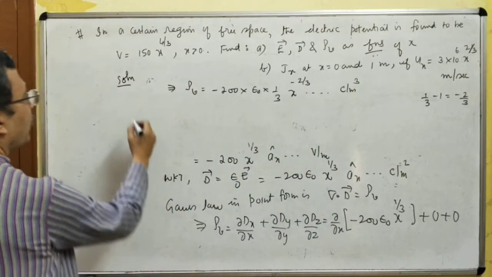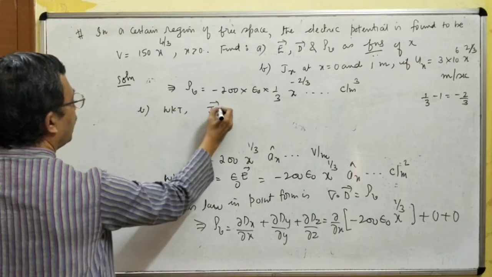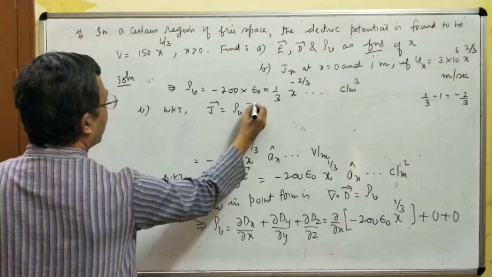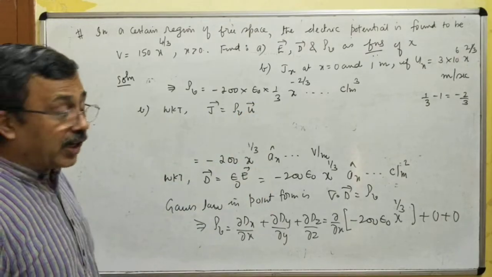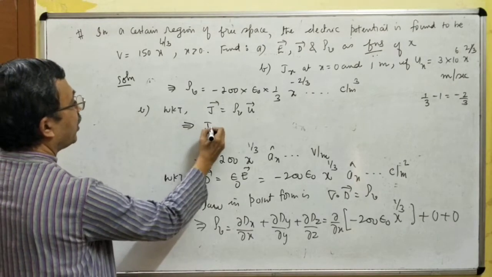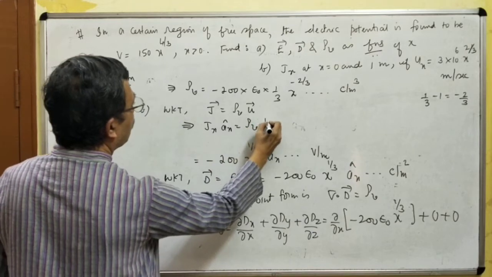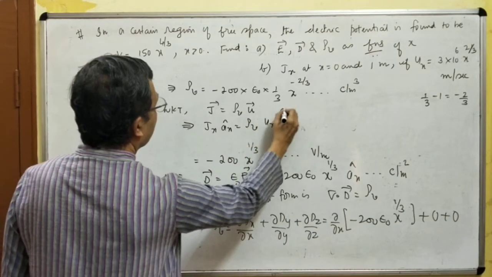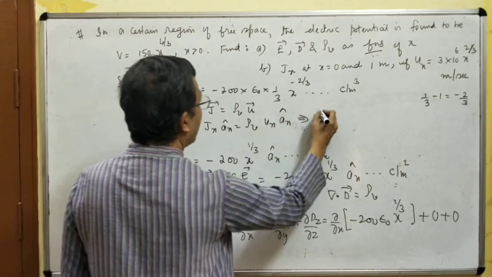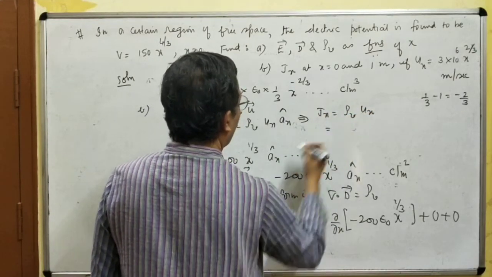Next part is, what is Jx? We know that vector J is equal to rho v into vector u. Expression for convection current density. This implies, what is vector J? Jx into Ax cap. What is vector u? Ux into Ax cap. This implies Jx is equal to rho v into Ux. What is rho v?